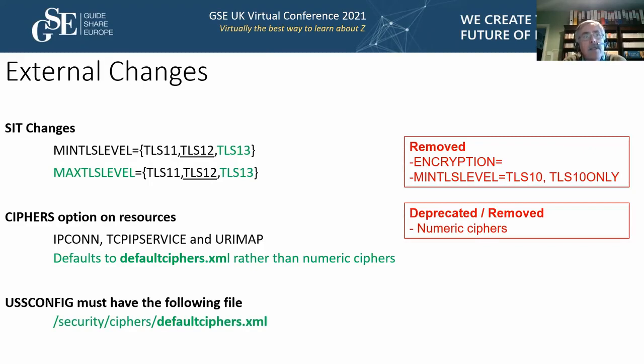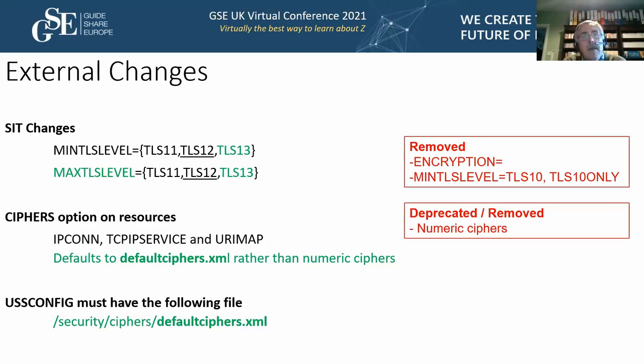One of the things that is different with TLS 1.3 is it doesn't support any of the old 2-digit ciphers. As a consequence, the work that we did several releases ago to encourage people to use XML files to store their ciphers is now mandatory with TLS 1.3, because we cannot support the older ciphers.